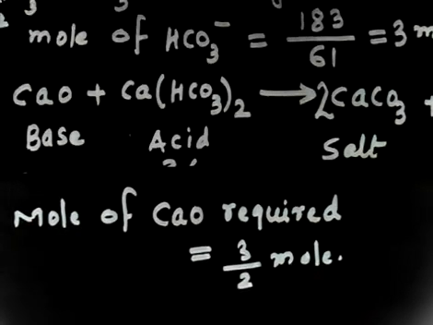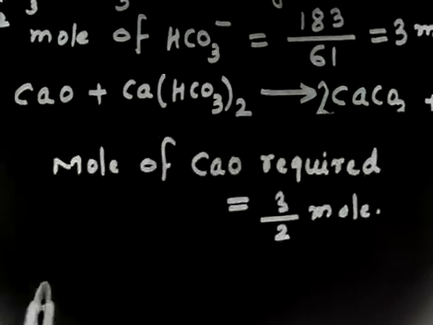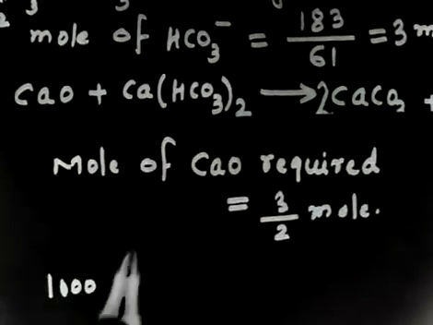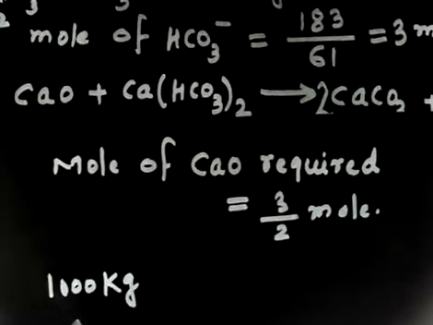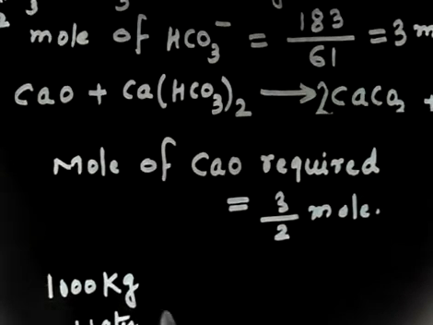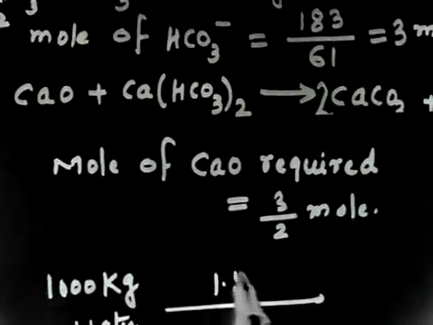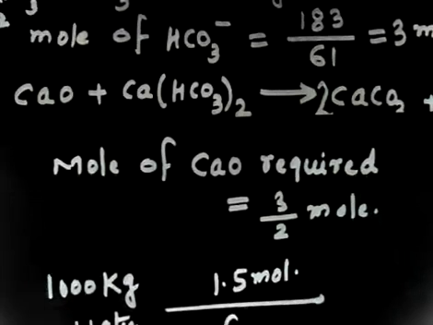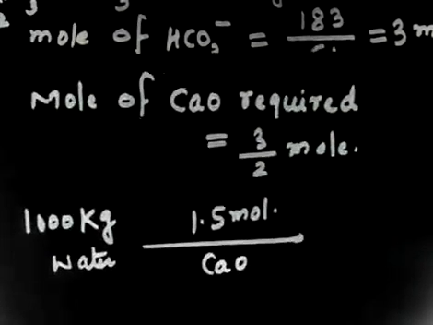This says if 1000 kg of this water is treated with calculated amount of CaO, so this means I have 1000 kg of hard water, and this water is treated with 1.5 mole of CaO. So what will happen?